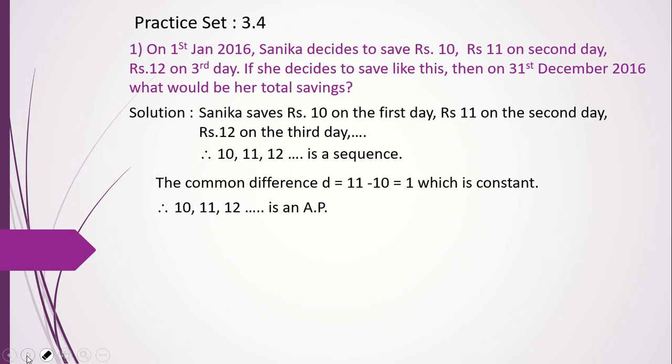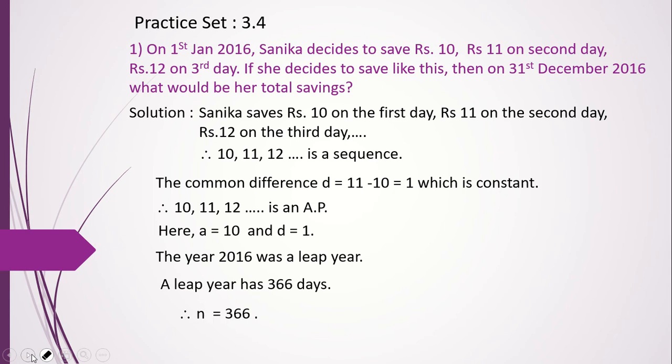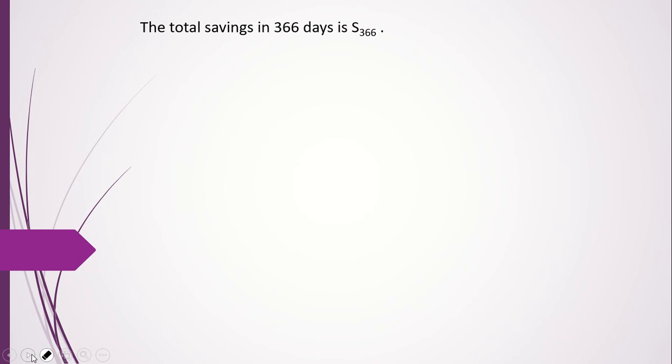Now, since it is an AP, we can use the formulas of AP, right? And here a is 10, difference is 1. And this was a leap year. It has got 366 days, therefore n is equal to 366. So her total savings in 366 days is S366.